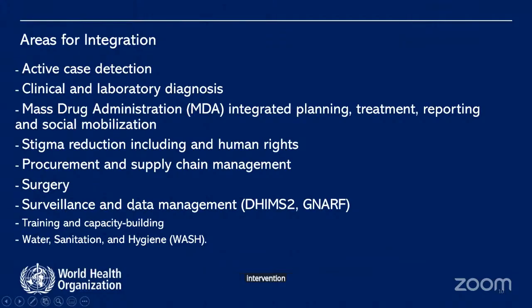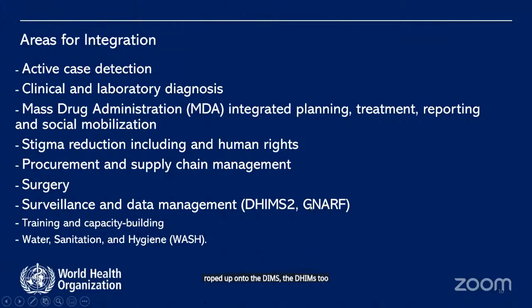And then surveillance and data management. We have the DHIMS, which is the National Reporting System, which even for Ghana now, many of the NTDs are being roped onto it. And likely next year, maybe all the 14 NTDs in Ghana will most likely be roped onto the DHIMS.